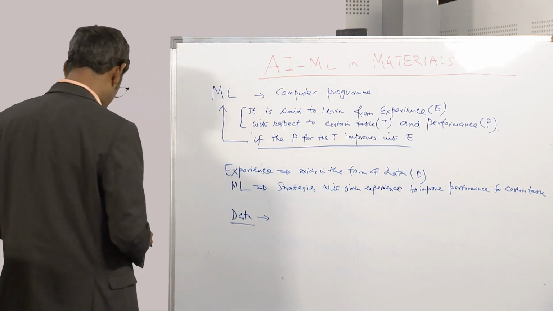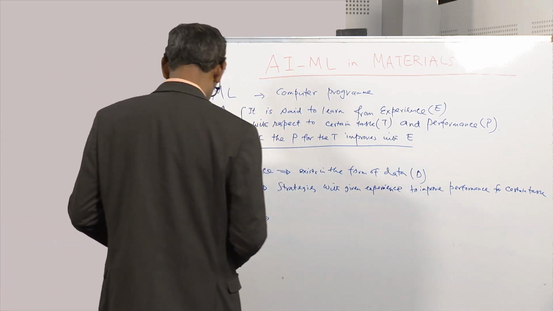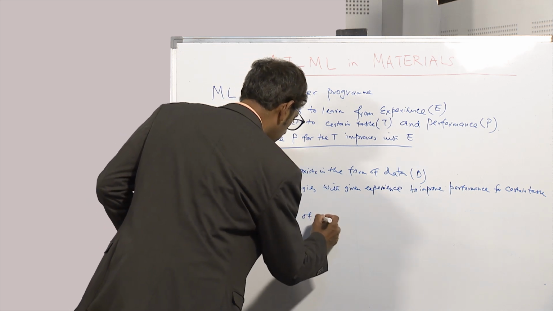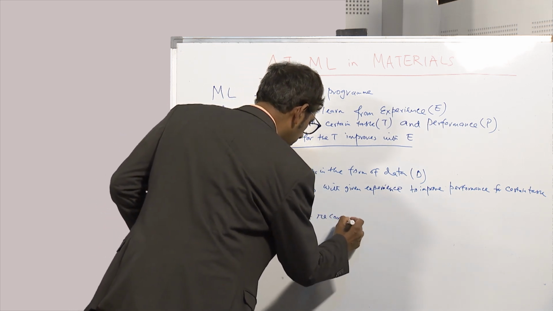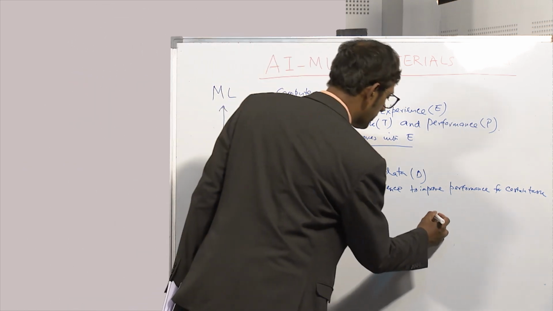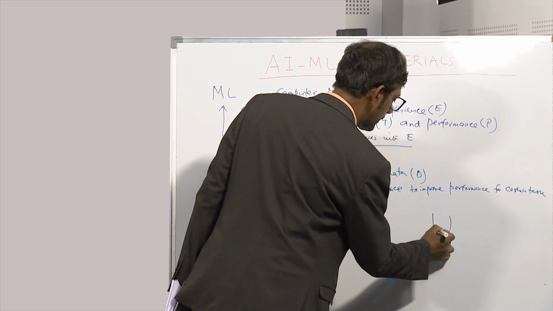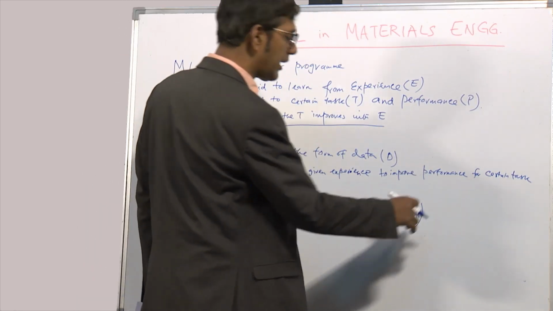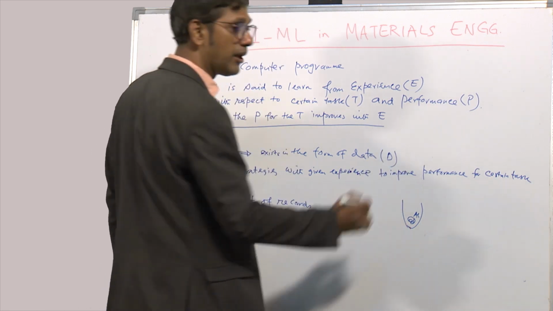Data is a set of records. Suppose you do an experiment. Let's take a crucible. You took aluminum. First you put the aluminum with the crucible inside the furnace and melt it down.